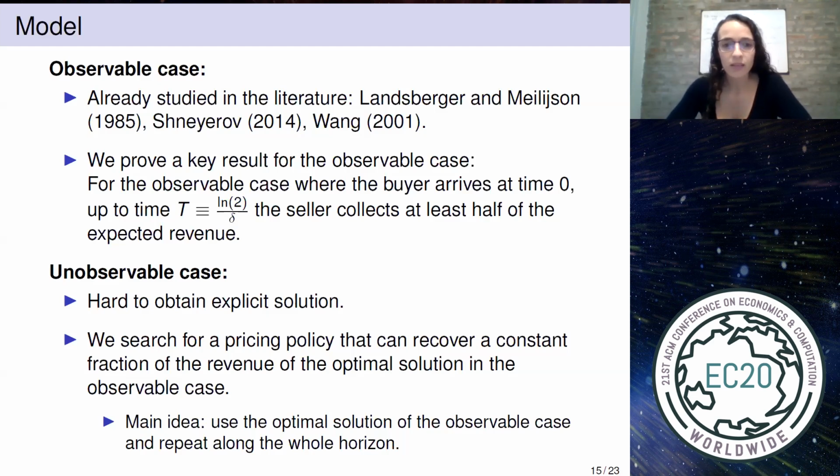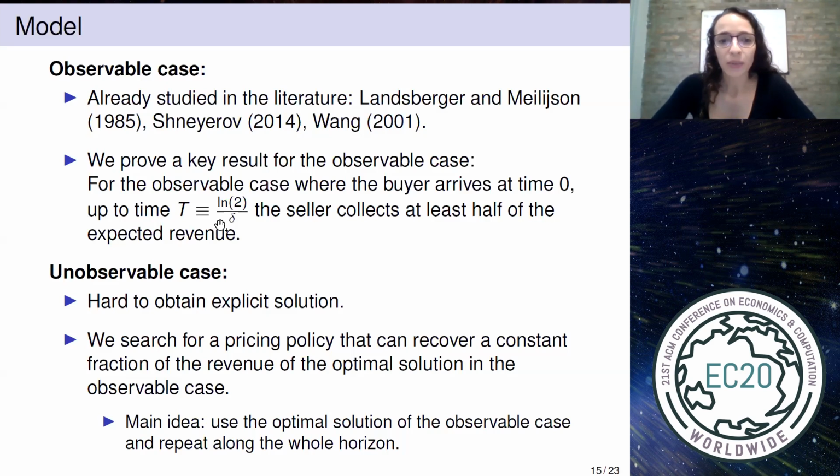So in other words, if we are in the observable case, where the buyer arrives at time 0, and the seller wants to collect half of her expected revenue, it's enough to see the problem up to time log 2 over delta.